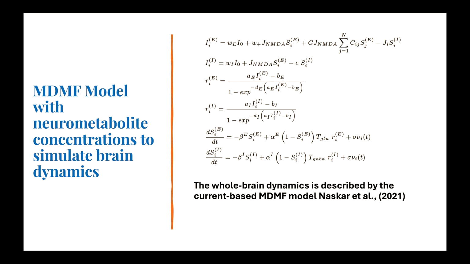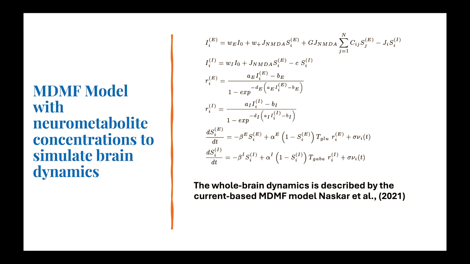All the other parameters, which are biophysical parameters, are derived from biological experiments, so they are fitted into those parameters. The last 2 are the synaptic gating functions, which close and inactivate the synaptic gates whenever there is a change in the firing rate of the neurons. Okay?